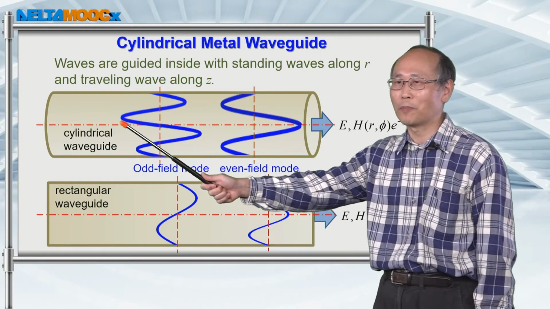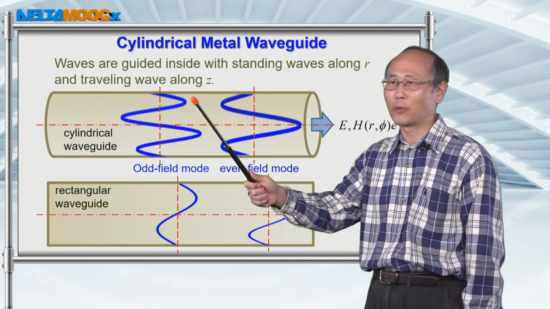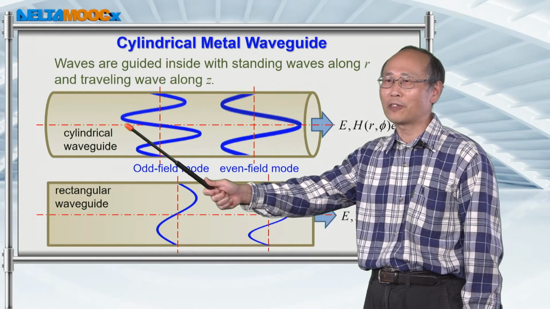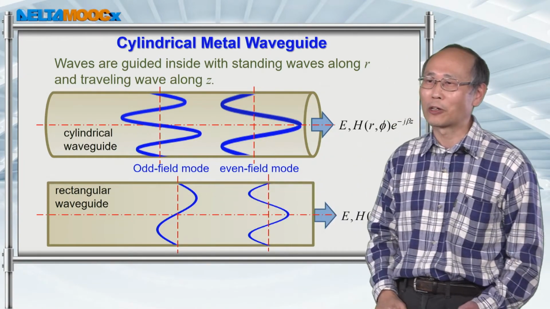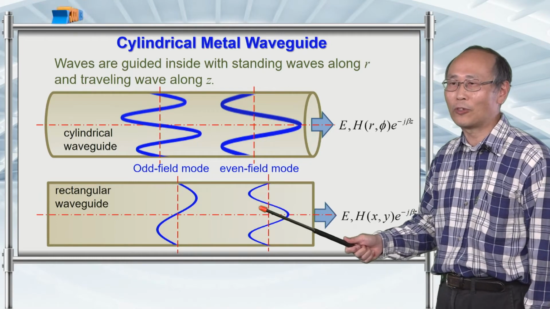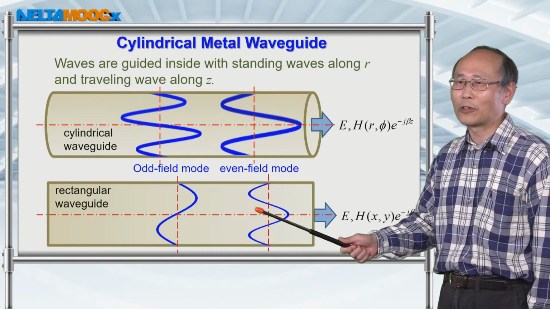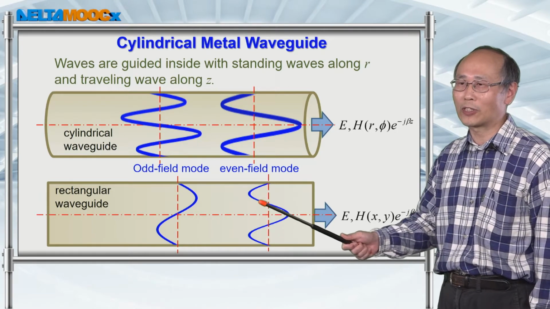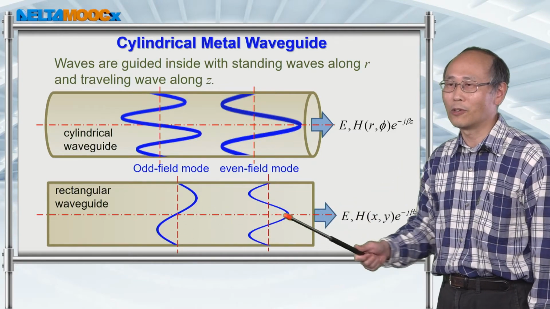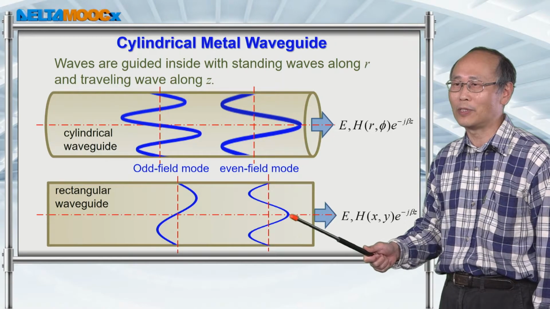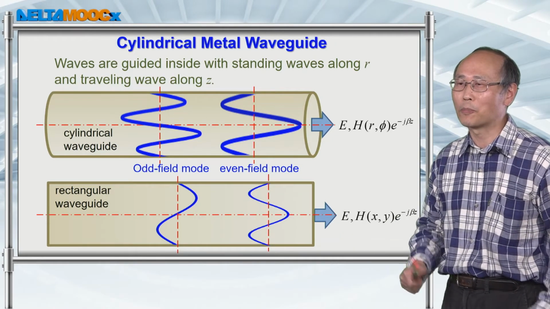If you compare, for example, this field strength with the field strength here, apparently the field strength closer to the axis is going to be stronger. But if you look into the field strength inside a rectangular waveguide along the transverse direction, the amplitude here will be the same as the amplitude here. Or if you compare this amplitude here with this amplitude, they will be the same.